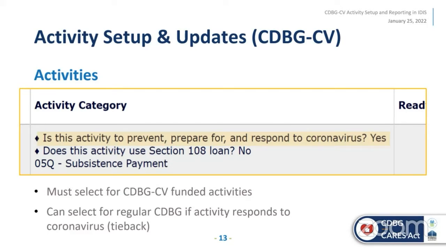And if you're doing a regular CDBG activity, not funded with CV funds, but the activity is in response to coronavirus, then you also want to select yes for this question. That's very important, as we're going to show you a little bit later. It helps categorize the activity, and it's important for certain reports. So it's very important to answer this question correctly.